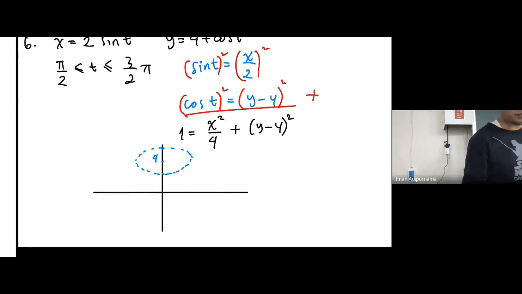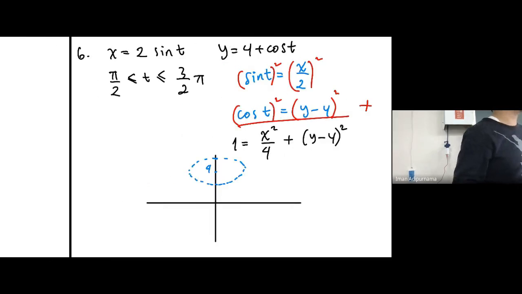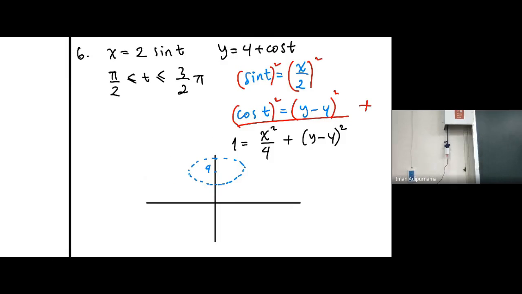And then from t equals pi over 2, actually you can also use a table. You can check pi over 2 and then the endpoint 3 over 2 pi. At pi over 2, you get x is 2, and y is 4. From here, you get 2, 4, maybe here.